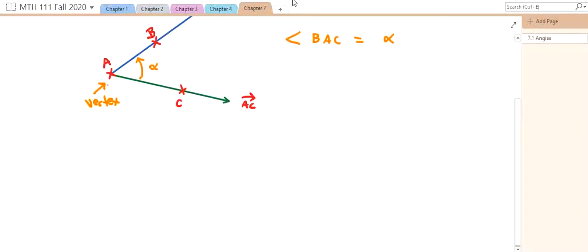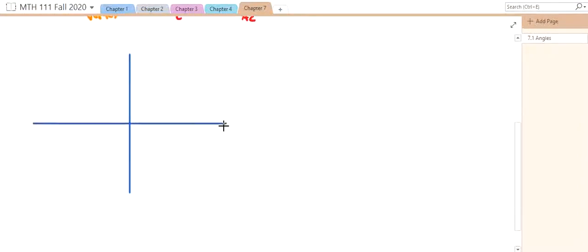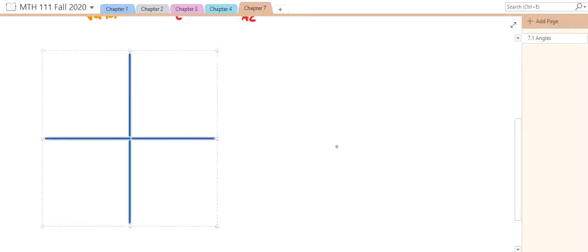So let's tie this in with a Cartesian coordinate system. Say we have a typical Cartesian coordinate system where we'll have the x-axis and the y-axis. So now let's put the vertex for our ray here at the origin, 0, 0.